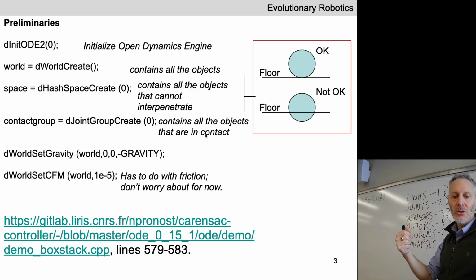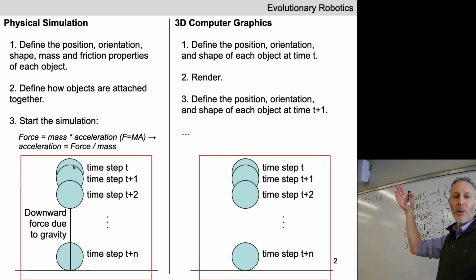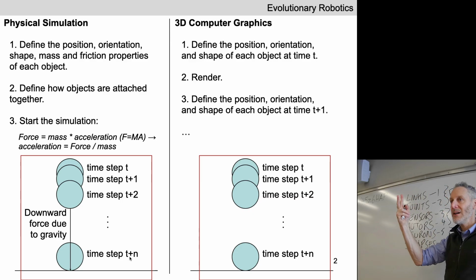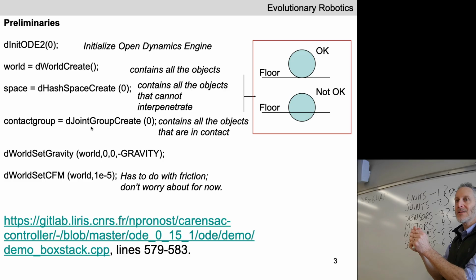So in our cartoon example back here, this contact group was empty at time t, empty at t plus 1, empty at t plus 2, but at time step t plus 1, there was one link pair inside this group, and it's the objects that are in contact.